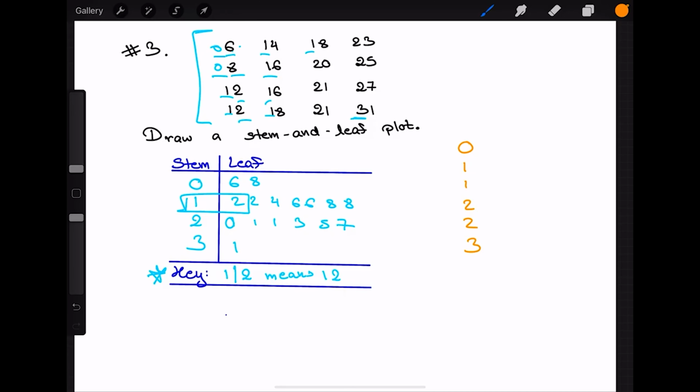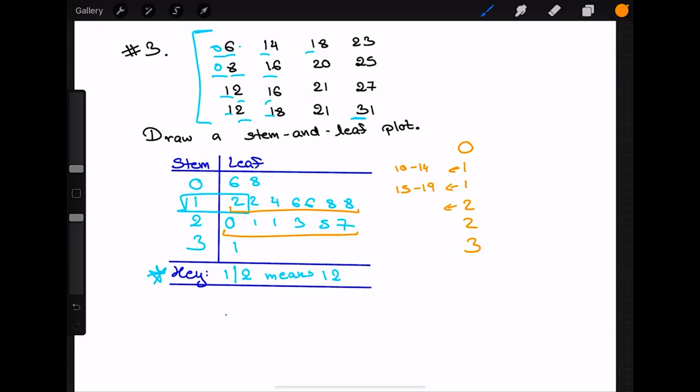Because as you can see, 1 and 2 have a large number of values, which you can separate into 2 different stems, essentially. So the first one can consist of all the values between 10 and 14, while the second one can consist of all the values between 15 and 19.